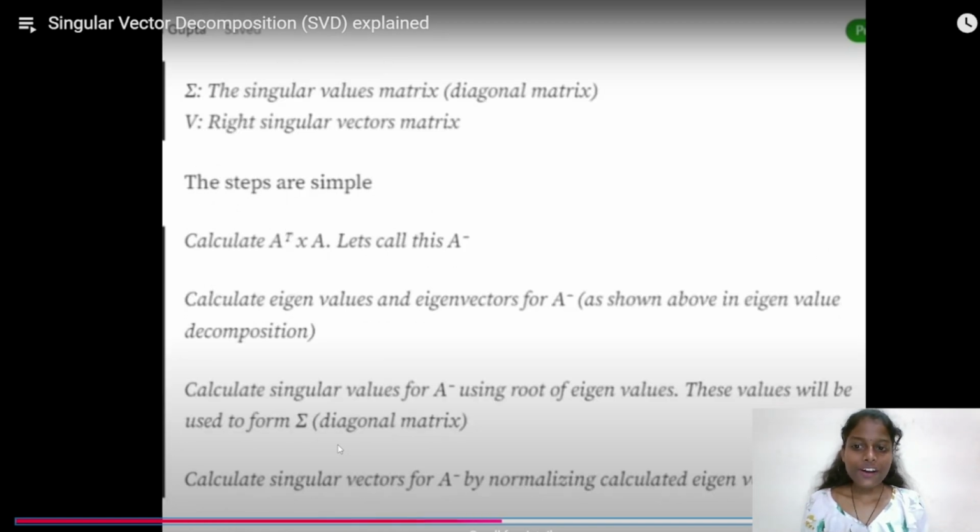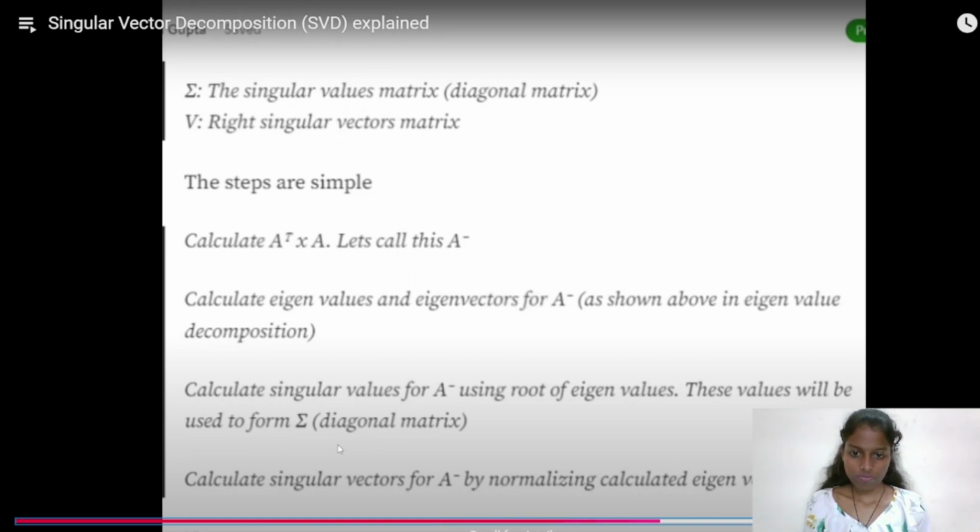Calculate eigenvalues and eigenvectors for A dash. Calculate singular values for A dash using the root of eigenvalues. These values will be used to form sigma, the diagonal matrix. Calculate singular vectors for A dash by normalizing the calculated eigenvectors.